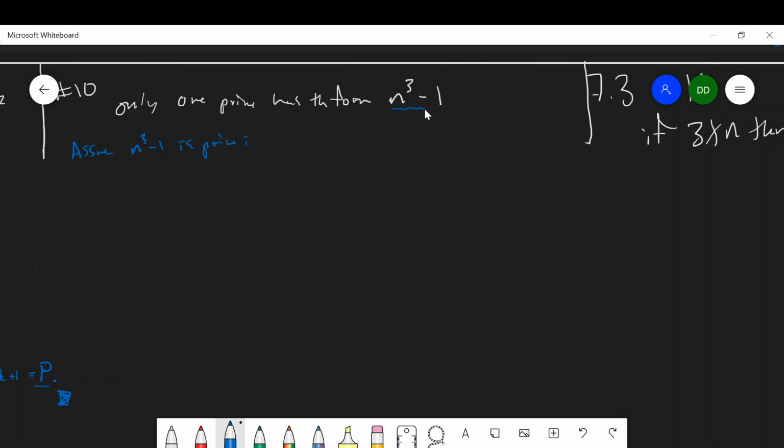Well, notice that I can write n cubed minus 1. Now, this one might be tricky because maybe you don't remember or you've never learned a difference of cubes formula, but nevertheless, there is one. N cubed minus 1 is the same thing as, oh boy, I have to remember it for a second. N minus 1 times n squared plus n plus 1.